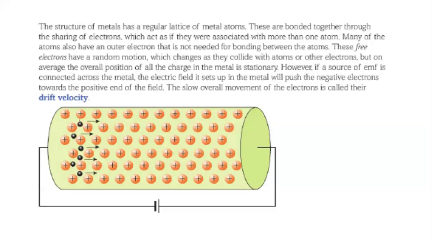They are going to be going around the positive ions, and as they do so, they are going to be colliding and bumping into each other. Whenever they collide, they will lose a little bit of their energy. That will cause the electrons to slow down, and that is what resistance is. The slowing down of the electrons.